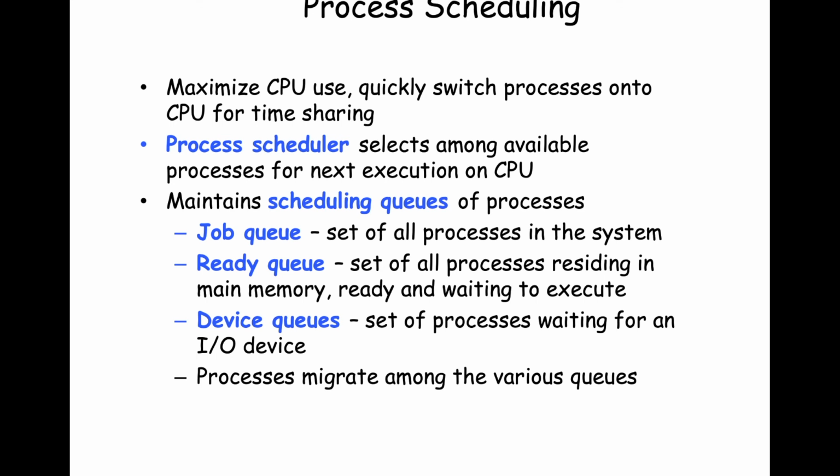So you want to make sure that this context switching, as it's called, is very fast in order to spend as much of the time as possible for the CPU executing actual instruction streams. So you want to maximize CPU usage.